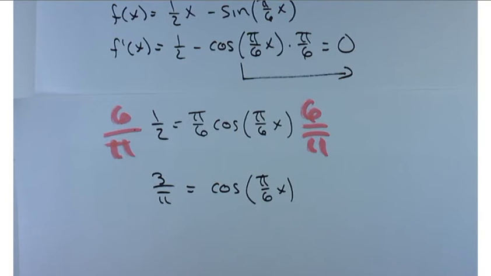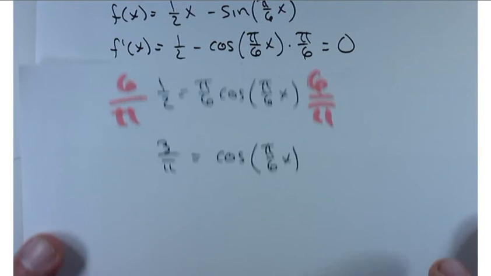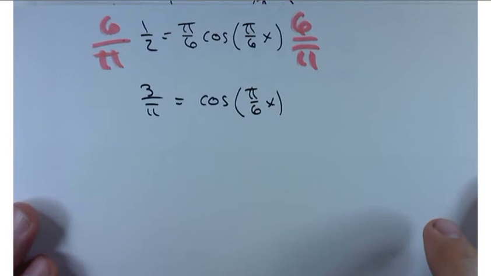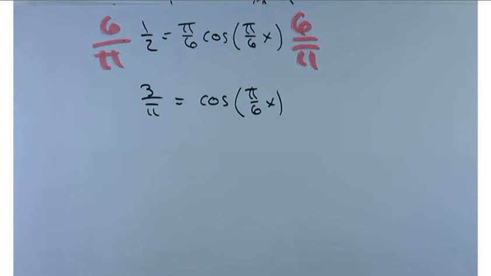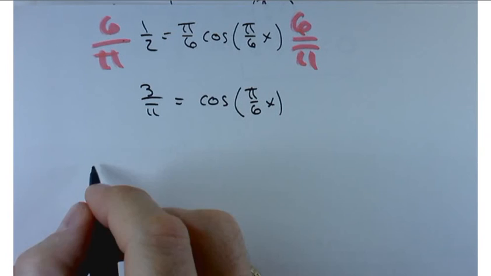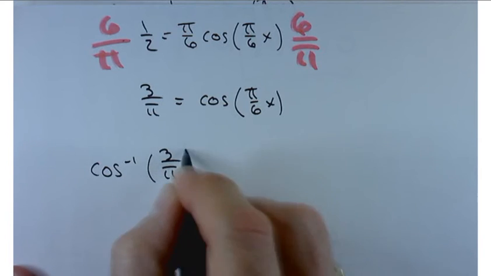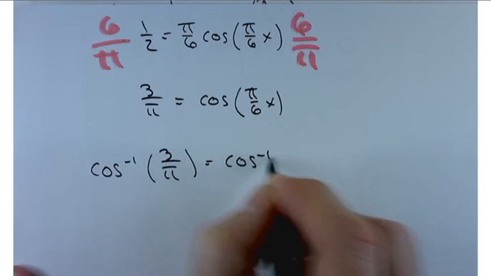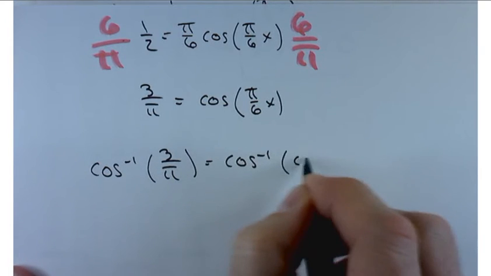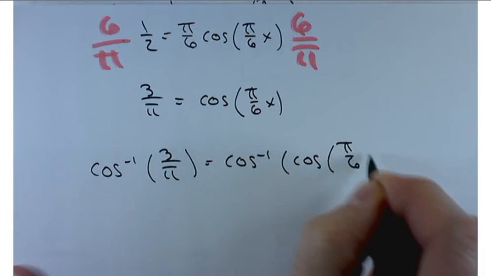Ooh. Now what? Well done. To solve here, you're going to take the cosine inverse of both sides. 3 over pi equals the cosine inverse of the cosine of pi over 6 times x. These two things cancel each other out.